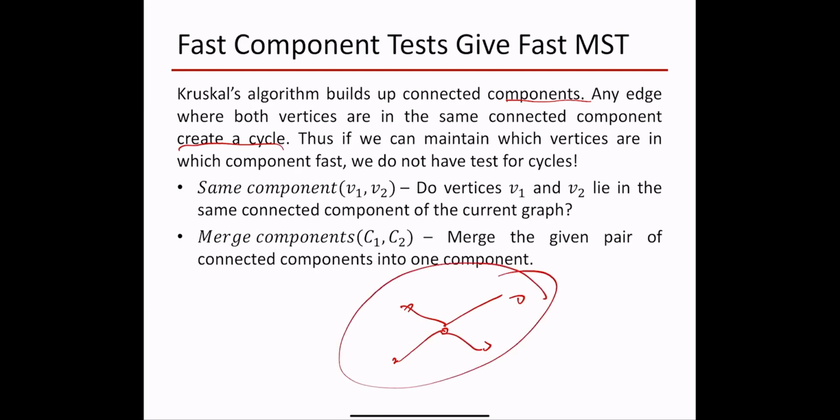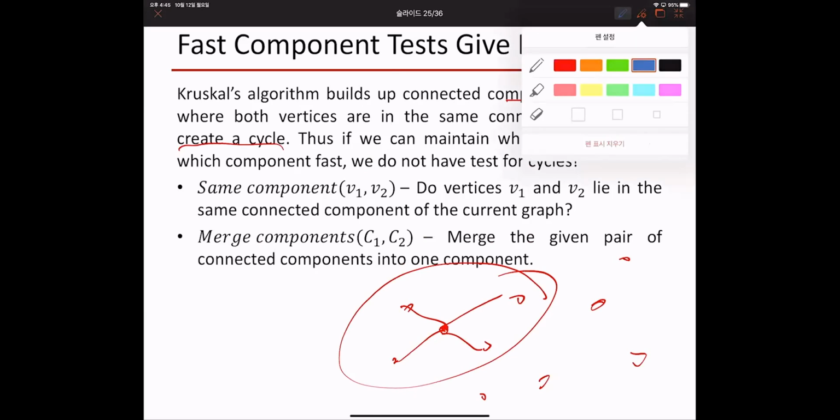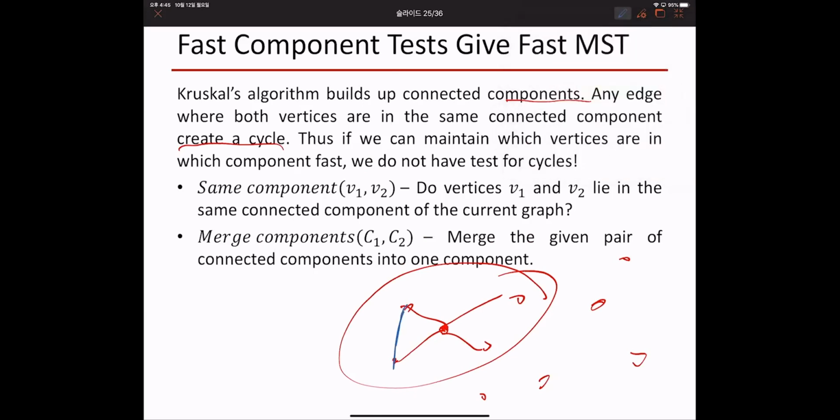If the coming edge, the next edge in order, is inside my constructed graph, it automatically creates a cycle. So if we maintain which vertices are in which component quickly, we do not have to test for a cycle. Meaning, rather than testing for a cycle, I'm just checking whether it is a member or not. Oh, I can make a faster Kruskal.